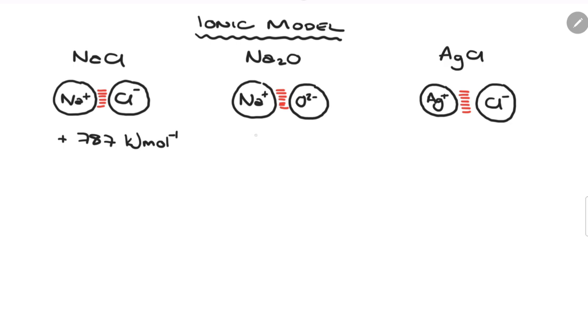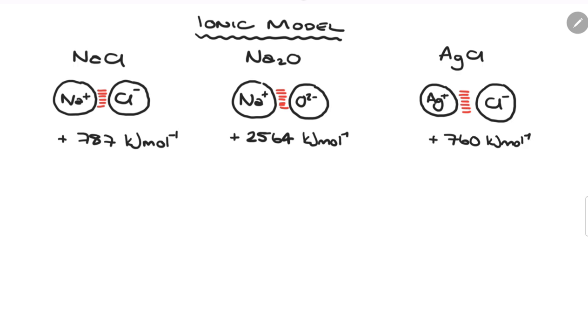Likewise for sodium oxide, something in the region of 2,500 ish, 2564 was the value I got there. And for silver chloride we'd have something again typically in the region of 760 kilojoules per mole.